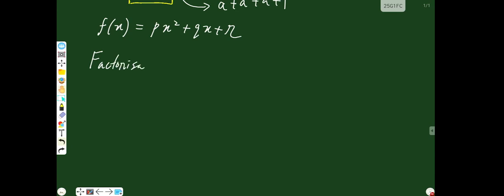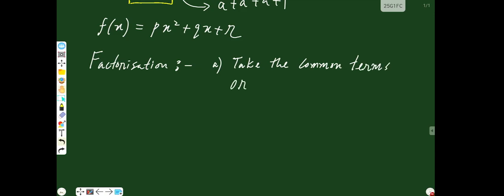There is no one-to-one definition for this, but one can understand it. If you are asked to factorize, the first thing you have to look for is whether there are any common terms, or people call them factors, and take them out. Common factors you have to take out.